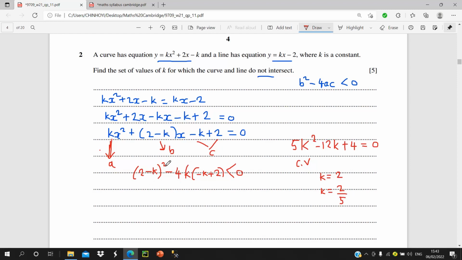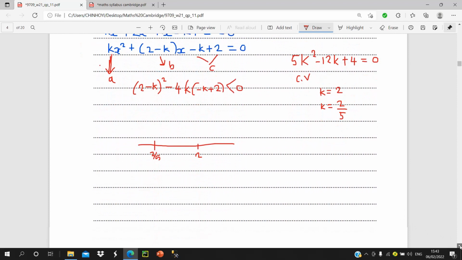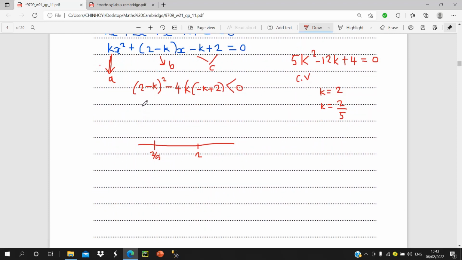This one is an inequality, this is our function, and as you can see, it's a quadratic function. It has a minimum, because the coefficient of k squared is greater than 0. So our minimum is 2 over 5, then the maximum is 2.